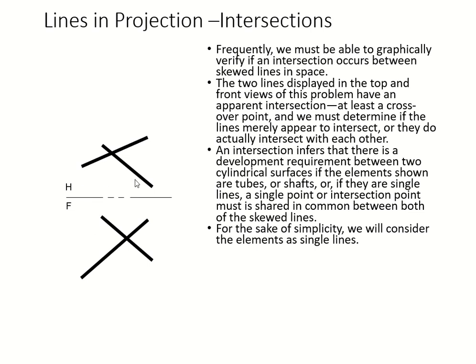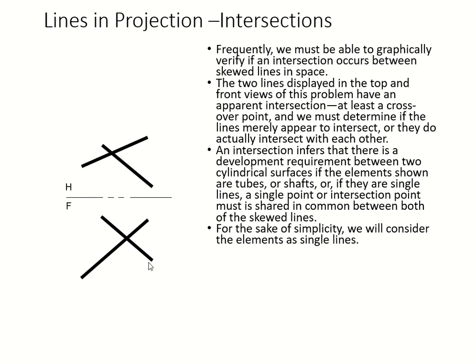We have to carefully investigate the two lines crossing each other, whether they actually intersect with each other, or they just appear to intersect. Appearing to intersect and actually intersecting are not the same, and you have to train yourself to see that.